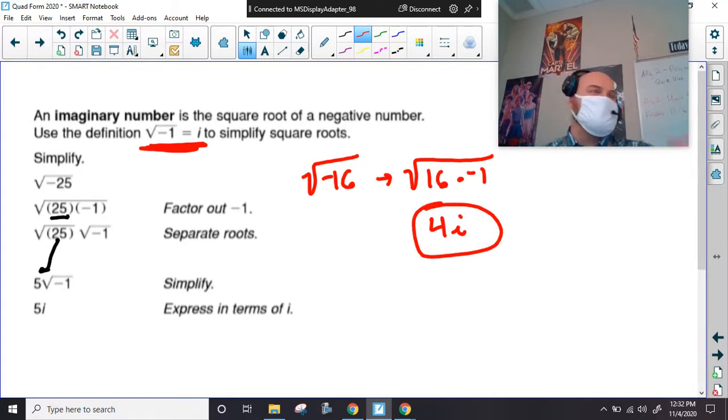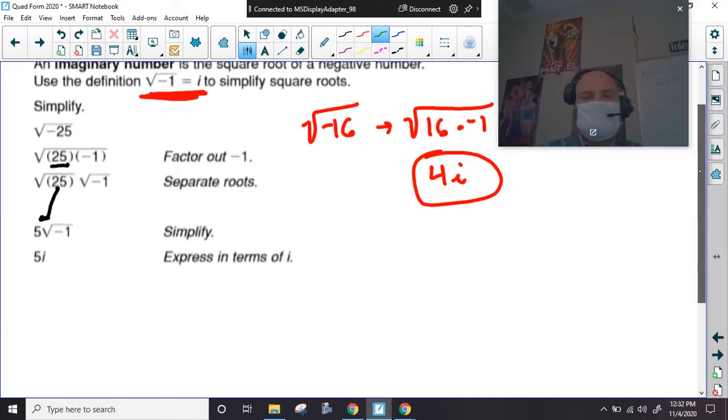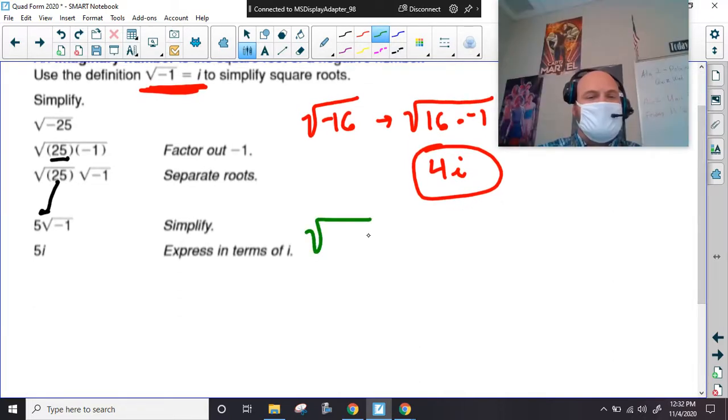Now I'm going to show you one that's not a perfect square, but the calculator will reduce it for you, and I'll show you how to do it. Let's say we have the square root of negative 12.